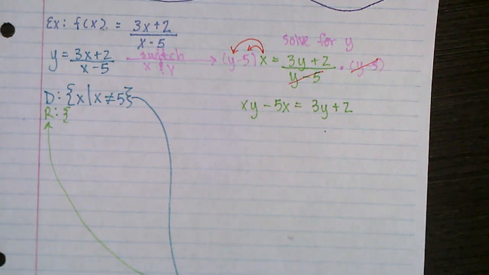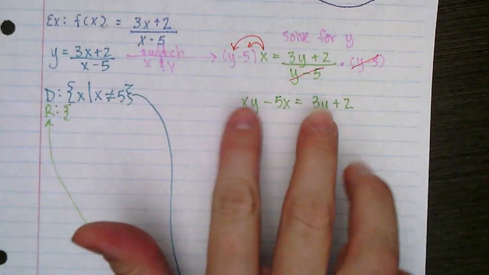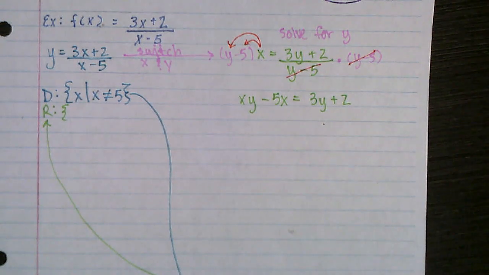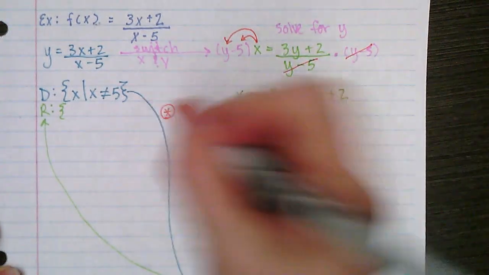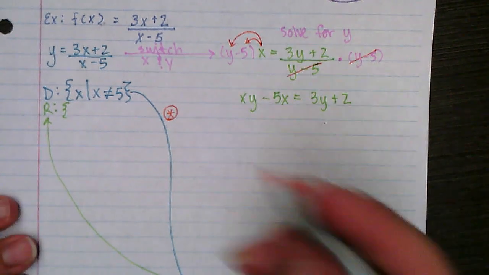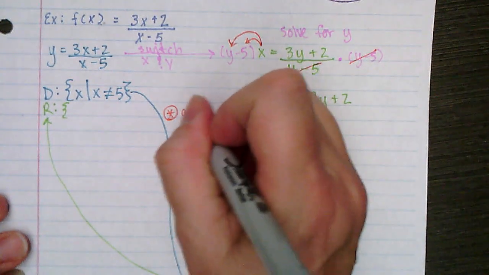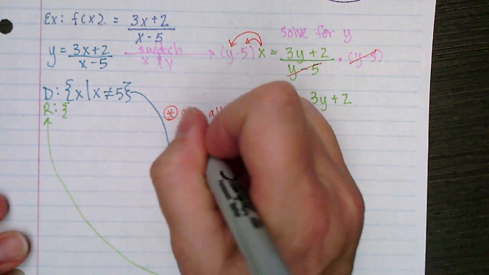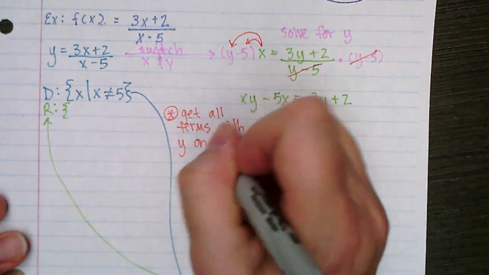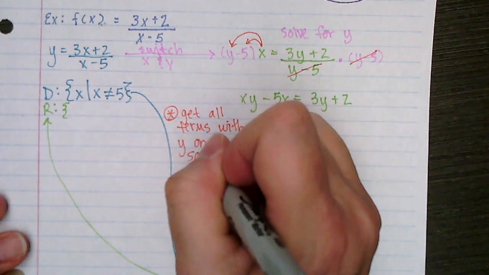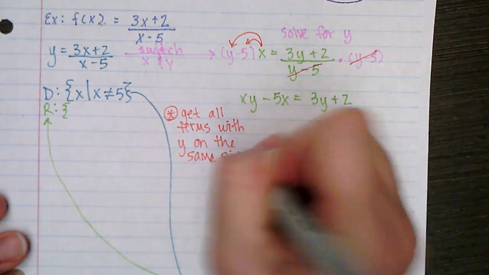Now we have to solve for y. That's our goal. But the problem is we have more than one term that has a y in it. We've seen this before. I will remind you of the strategy that we've used in the past. What we need to do is get all terms with y on the same side.